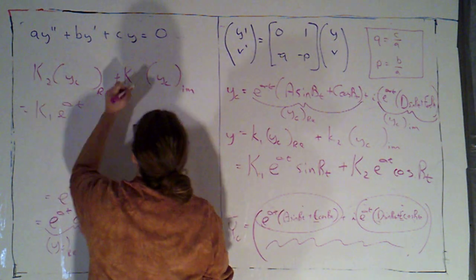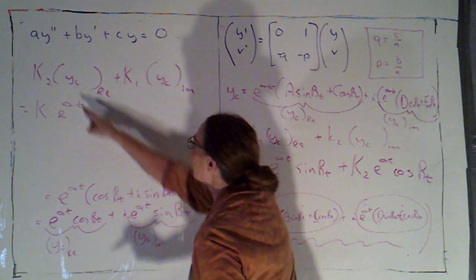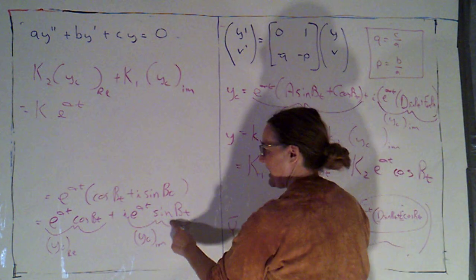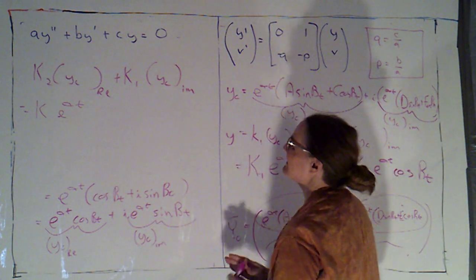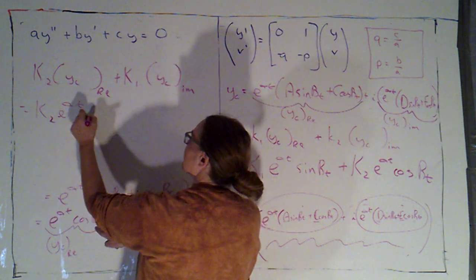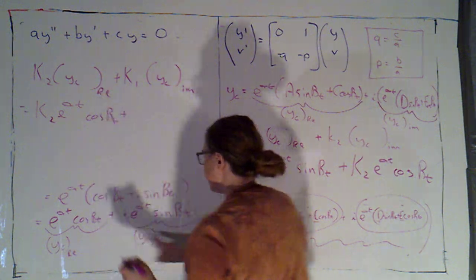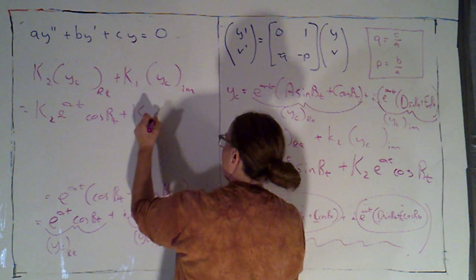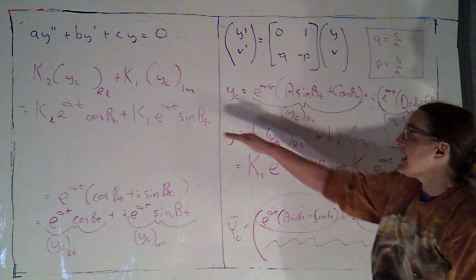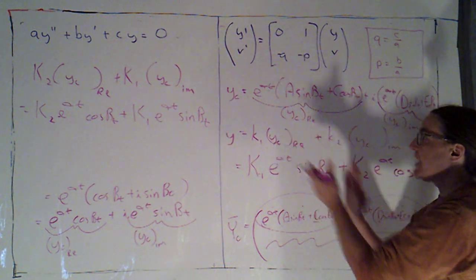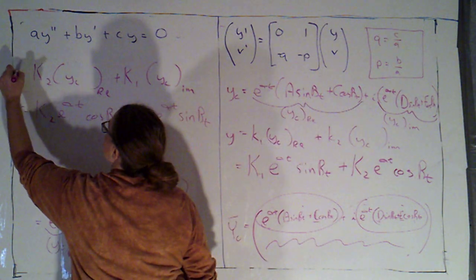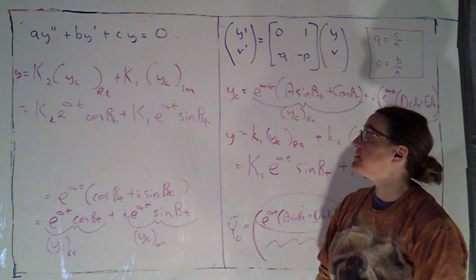So let's take K2 copies of this and K1 copies of this. I'm just trying to make it so that K1 is the coefficient in front of sine. So I need to have K1 copies of this part that has the sines in it. Okay, so I would have K2 copies of e to the alpha t times cosine of beta t plus K1 copies of e to the alpha t times sine of beta t. So I do end up getting the same general solution for the real valued function. So this is my general real valued solution.